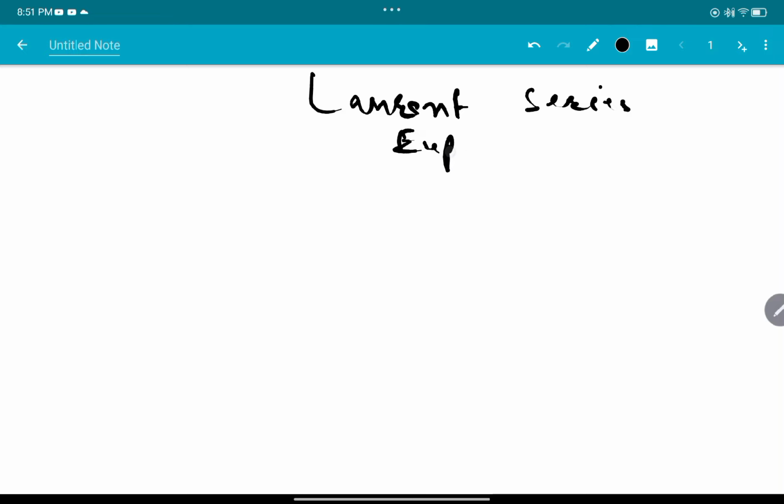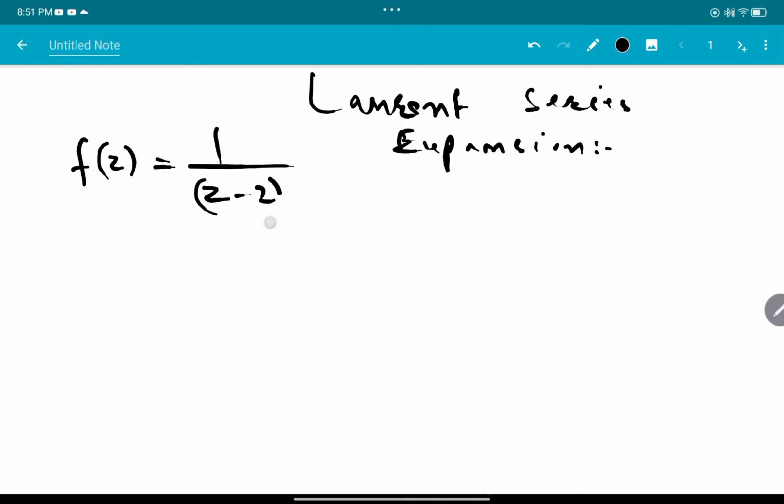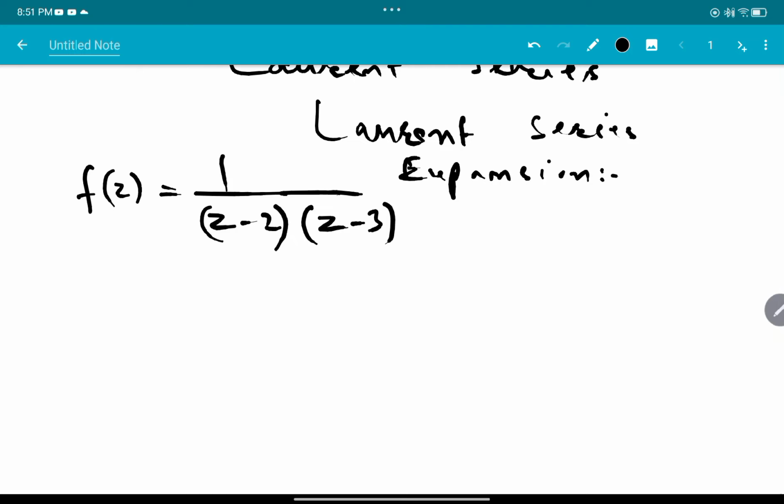In this complex plane, suppose we have a function f(z) equal to 1 by (z minus 2) into (z minus 3), as an example. Obviously this function has singularities, one at z equal to 2, another at z equal to 3.